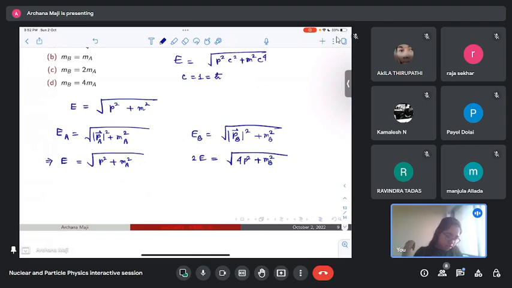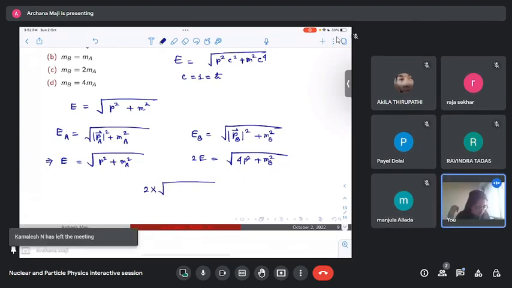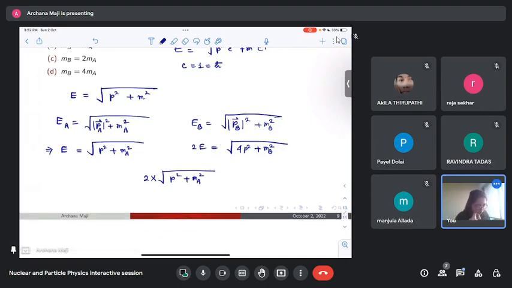So I can replace E from here, so 2 times square root of P square plus MA square is equal to square root of 4P square plus MB square.